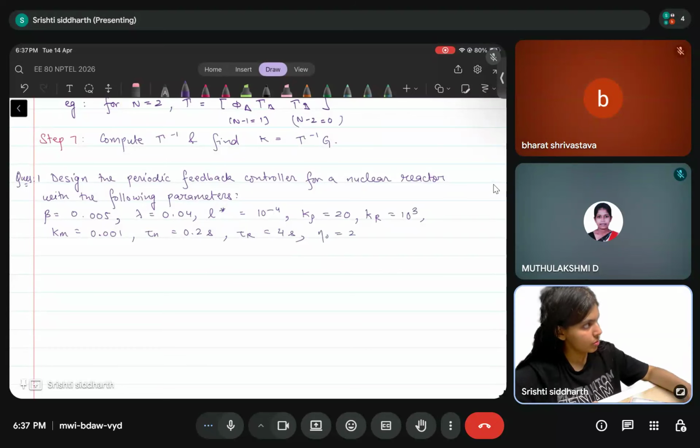Eta naught is 2 and Kn is 10. Okay, so this would help us to find the system matrices.